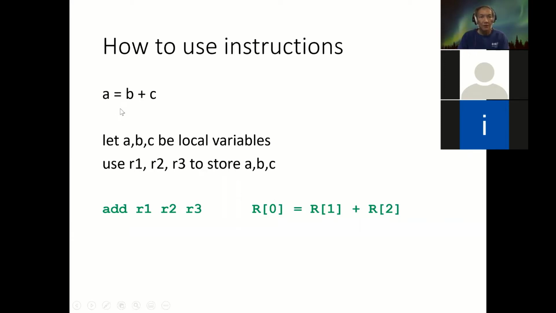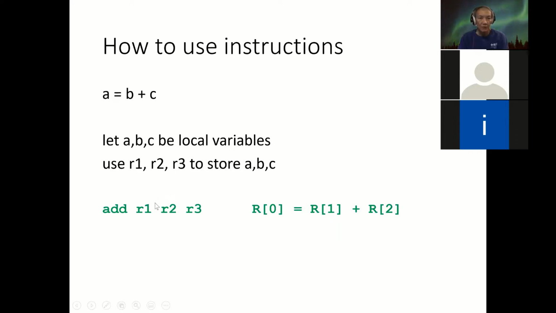Okay, so the first example will be the simple statement A = B + C. In this first example, we assume that A, B, C are local variables. So we keep all of them in registers. To program in assembly language, you need to specify the register.